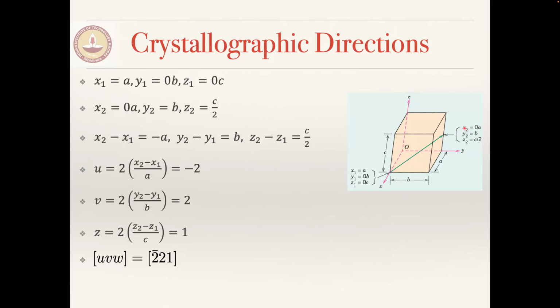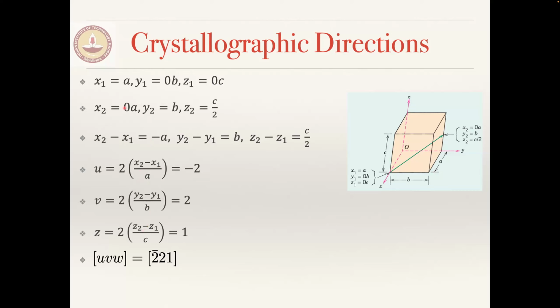You identify the position point locations of x2, y2, z2. So that basically means that you are trying to find out the crystallographic point coordinates for the head and tail. And as per the prescription, you find the difference x2 minus x1, y2 minus y1, z2 minus z1, and divide that with corresponding lattice parameters A, B, and C. Right? Then you get x2 minus x1 by A, y2 minus y1 by B, z2 minus z1 by C.